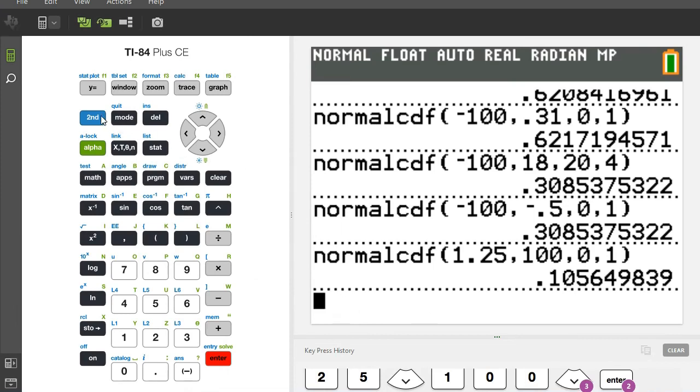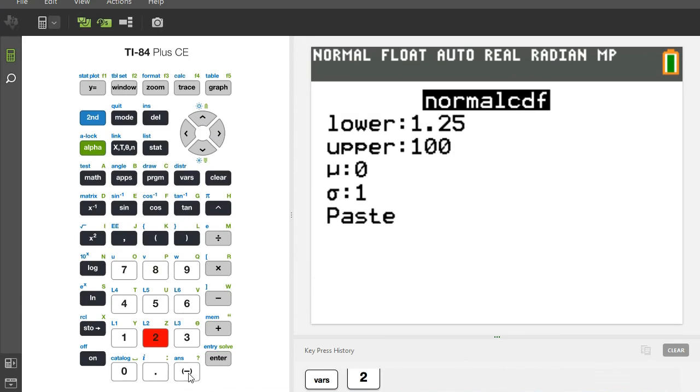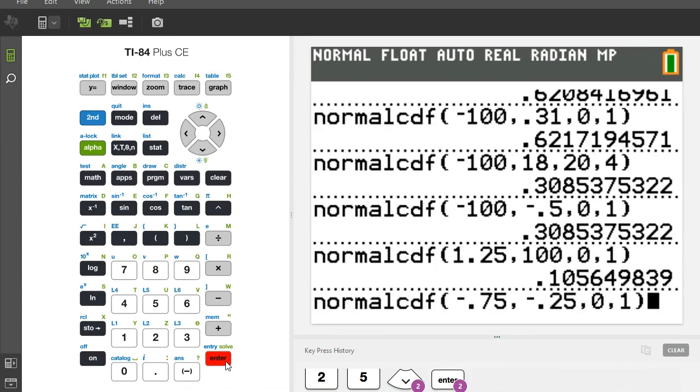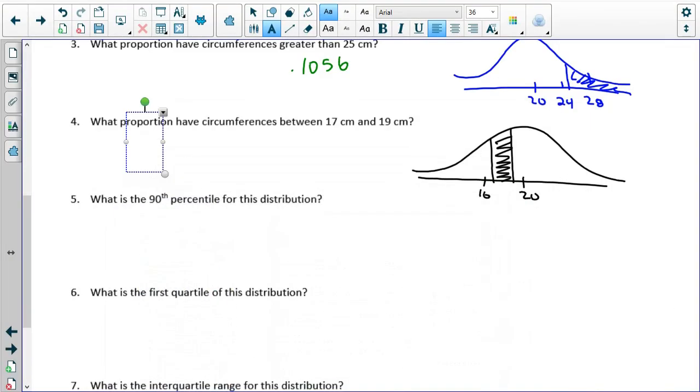So normal CDF, negative 0.75 and negative 0.25. Again, you can just type the actual values in. So 17, 19, mean is 20, standard deviation is 4, and that would also work. So I end up with 0.1747 as this proportion.